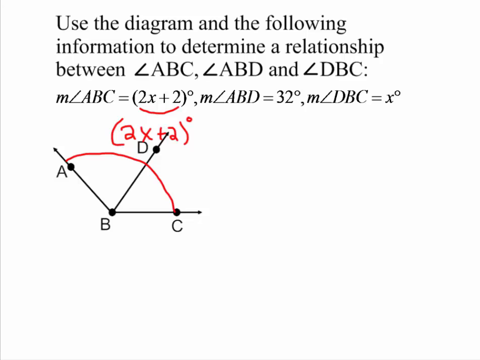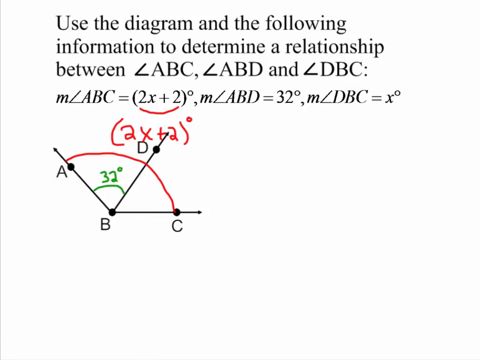I usually write it a little bit on top, so that way you can see that this belongs to the whole angle. And then we are also told the measure of angle ABD is equal to 32 degrees. So angle ABD is this angle here. If I draw an arc here, they're saying the measure of this angle is 32 degrees.